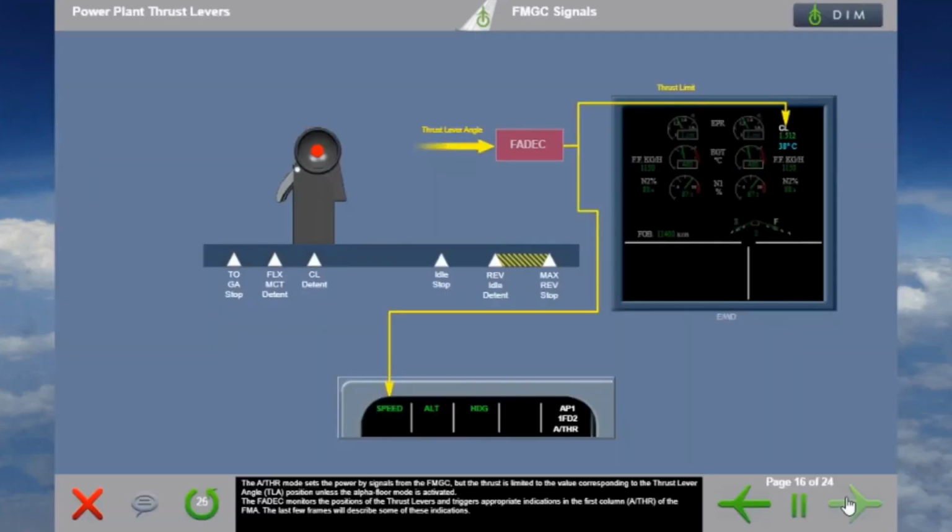The auto thrust mode sets the power by signals from the FMGC, but the thrust is limited to the value corresponding to the thrust lever angle, TLA, position, unless the alpha floor mode is activated. The FADEC monitors the positions of the thrust levers and triggers appropriate indications in the first column, auto thrust, of the FMA. The last few frames will describe some of these indications.